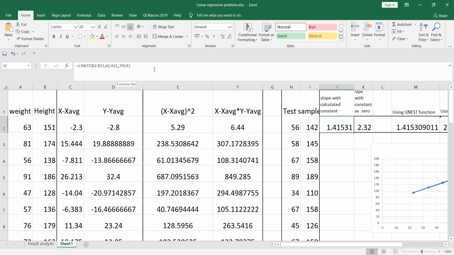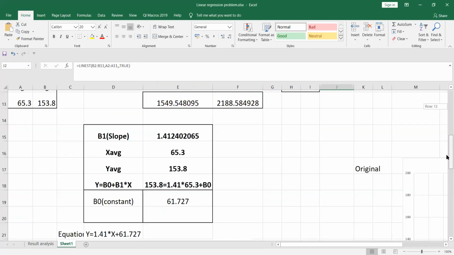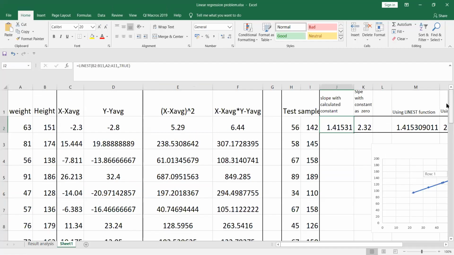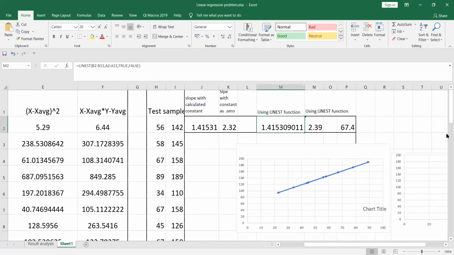We calculated the beta 0 value as 61.727 and kept that value. So we got the intercept as 1.41, and with slope as 0, we got the value 2.32. So using the LINEST function, we got the same equation and we plotted the graph.